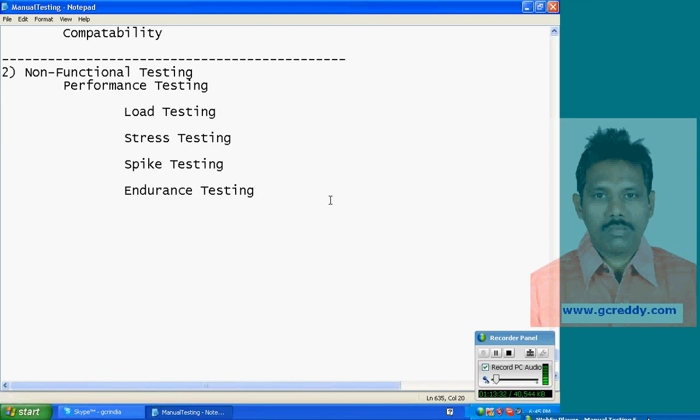Tell me, Lalita, what is load testing? It is measuring the system behavior for the customer expected load. The maximum number of people, how much it wants to use. Here, load in terms of users and operations.